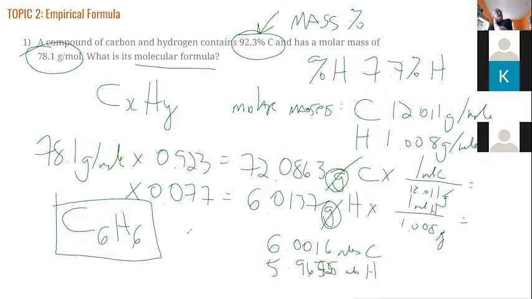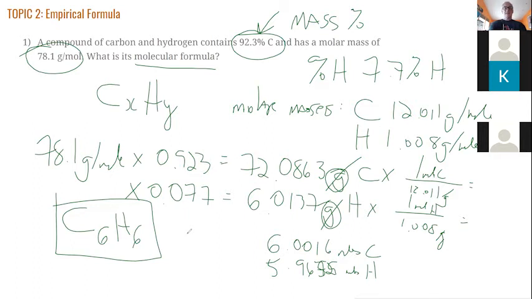Exactly. If we didn't have the molar mass, basically we would just have to figure out what is the simplest ratio. Can anyone tell me what formula that is? Empirical formula. Exactly, the empirical formula.